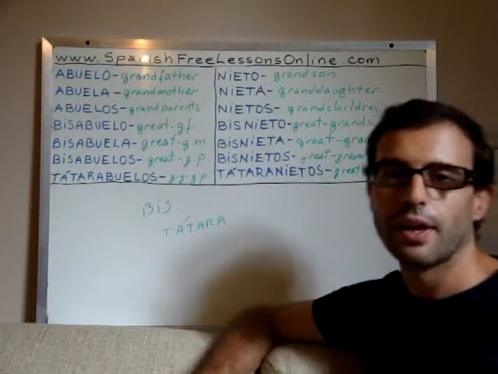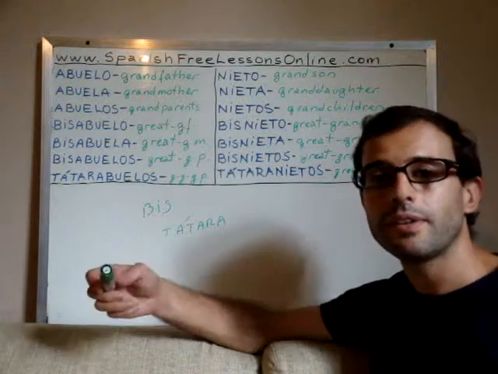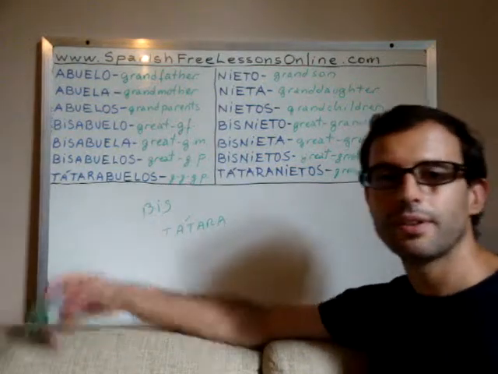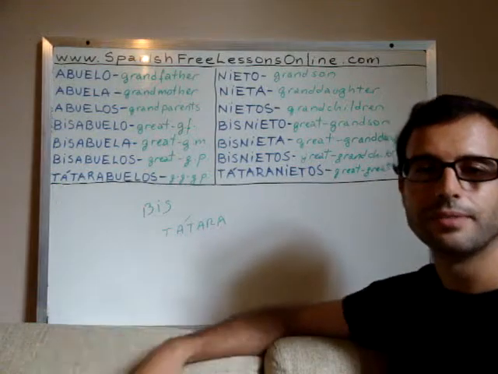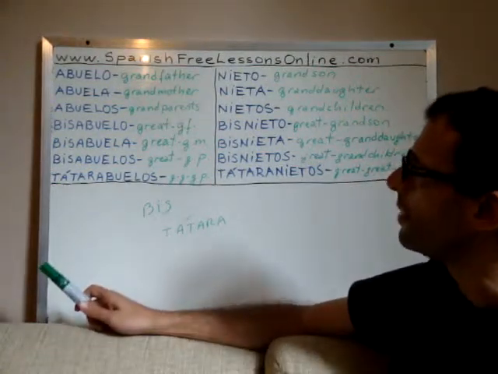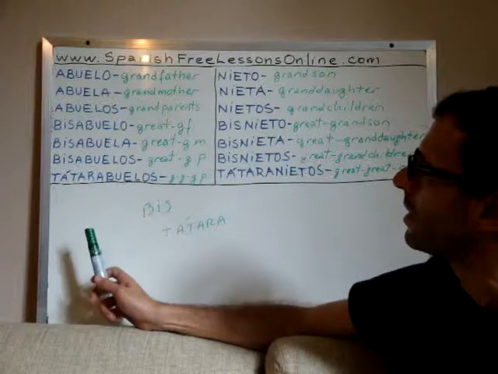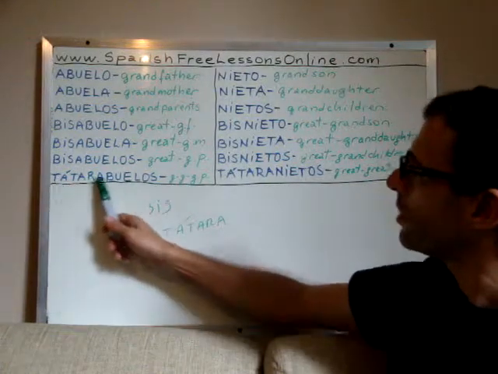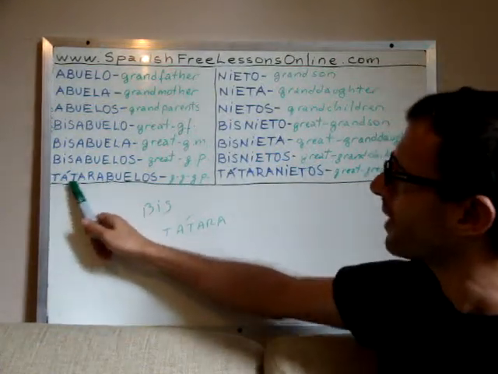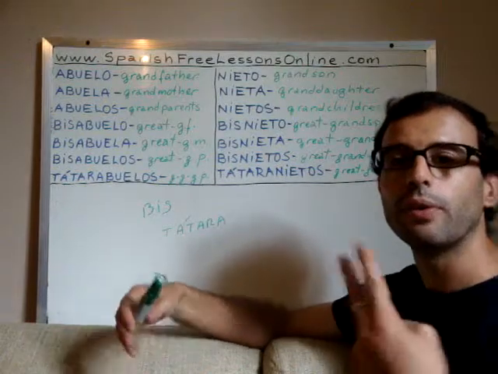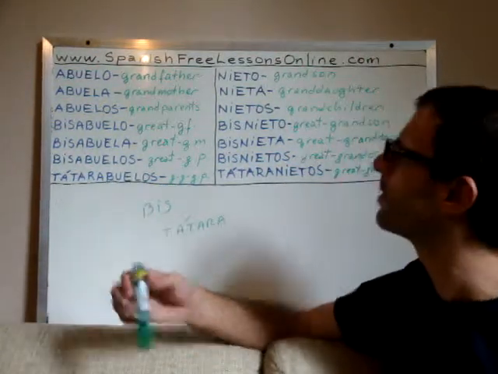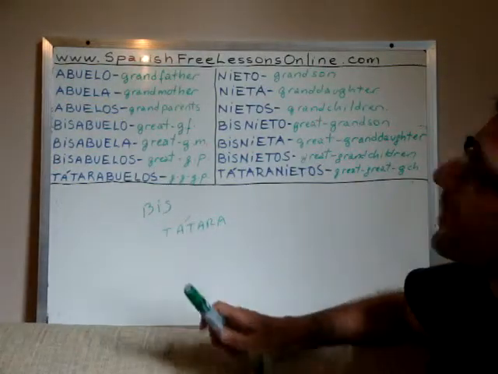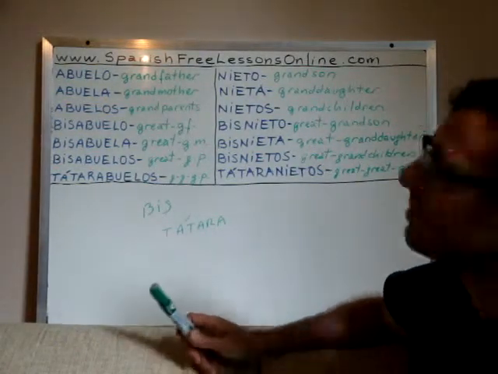So as in English you add great to great to great, here we add tatara, tatara, tatara, tatara. Okay, with the difference that for tatarabuelos we use only one tatara and we use twice great in English, right? This would be the great great grandparents. So it got complicated, right?